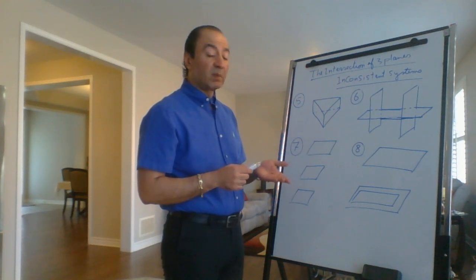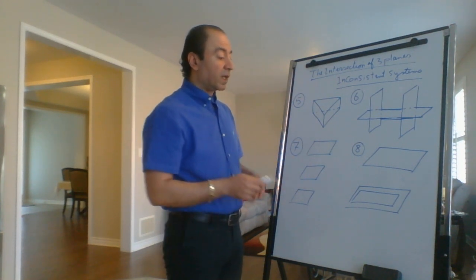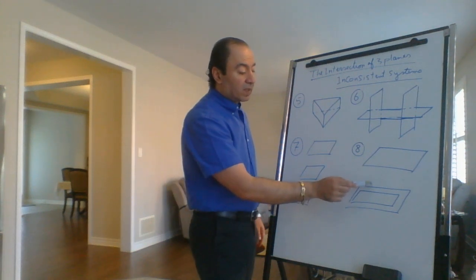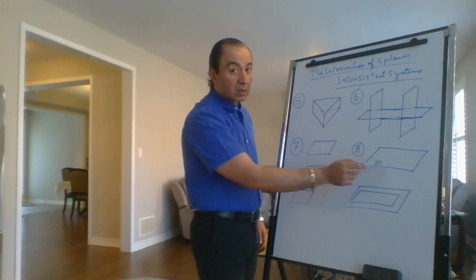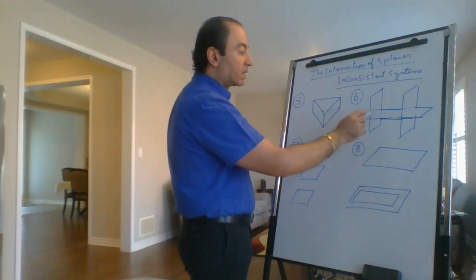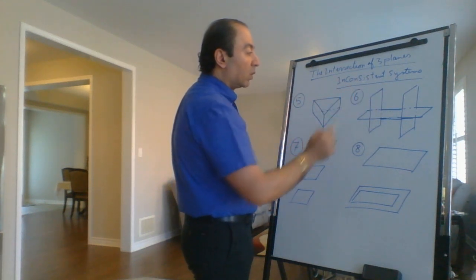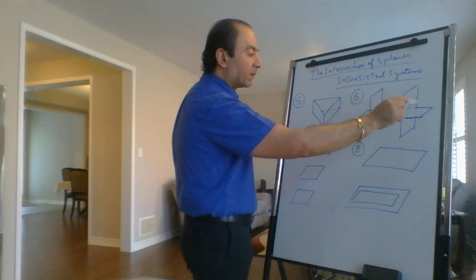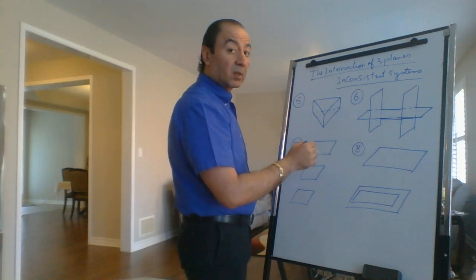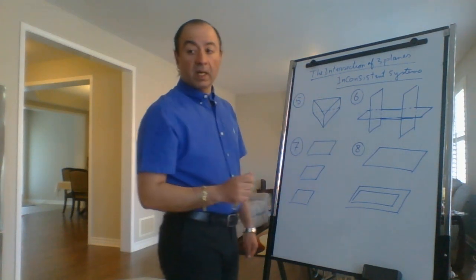The 3 equations will be multiples of each other. In here, these 2 equations will be multiples of each other, and this one, the normal vector, will be a multiple of those. So we can tell this. These 2 will be scalar multiples, and the third one will not be a scalar multiple.